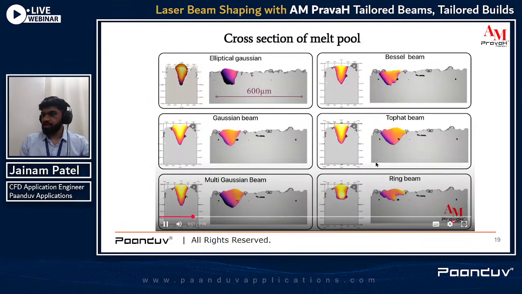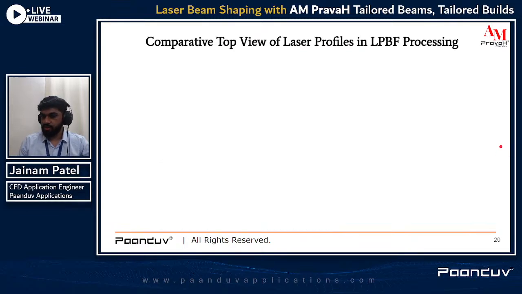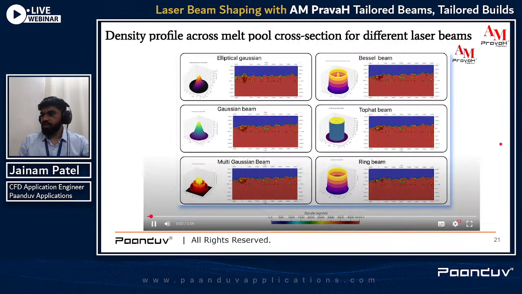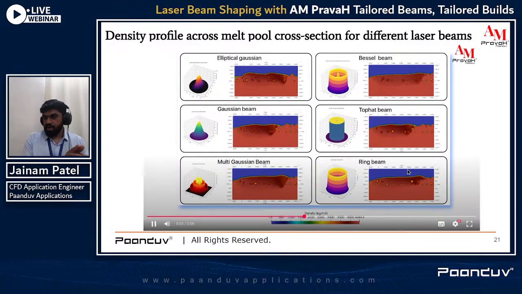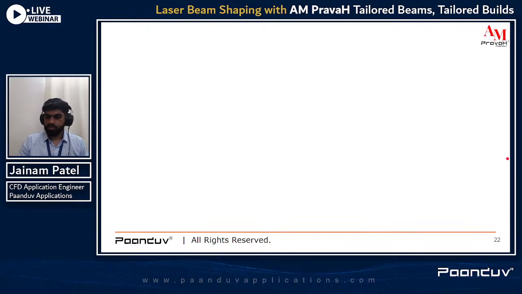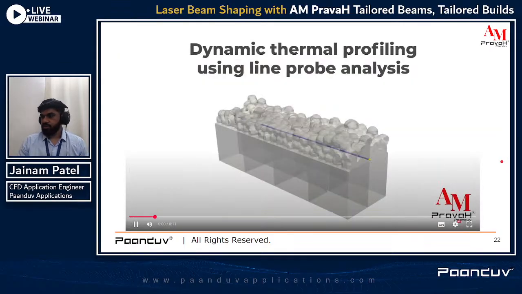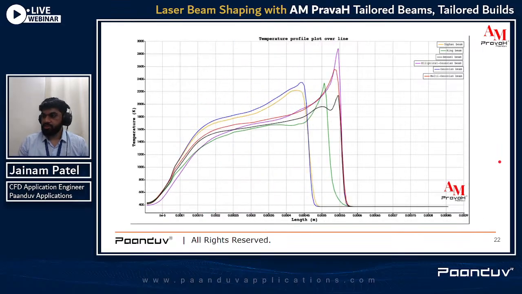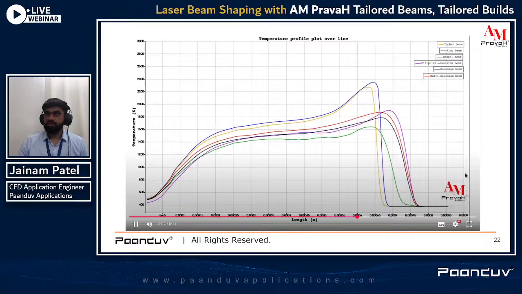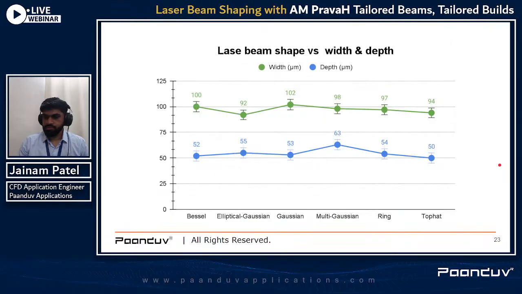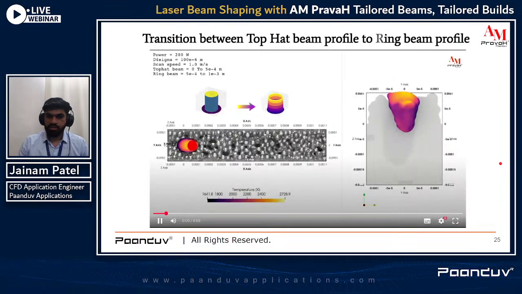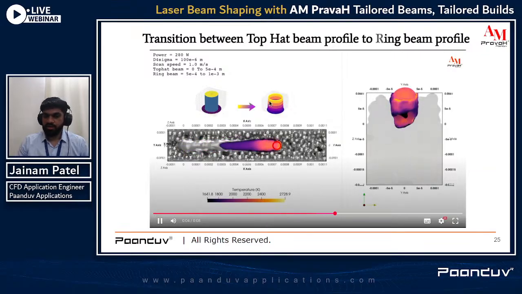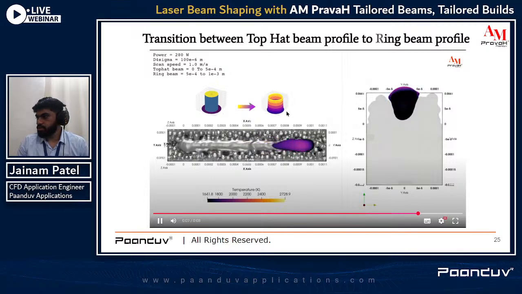At that time I took two different shapes of the laser beam shape profile, and for the first part I did this simulation, and I made this script, which is linked with the Aimdraw, and by using that, it will change the laser beam shape profile. Let me show that here. I think we are talking about the transition between the top hat and ring shape profile.